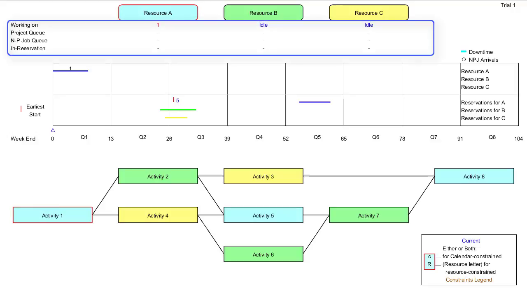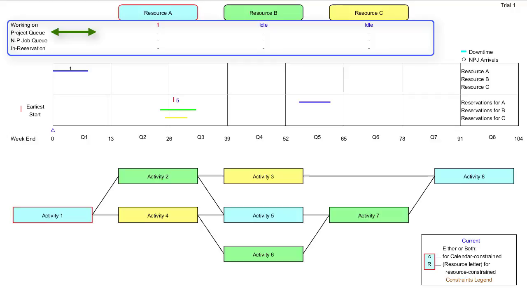Below the resource boxes are status indicators. The working on status may be a project task number, NP job for a non-project job, downtime, or idle. Project queue lists the activities with completed predecessors.